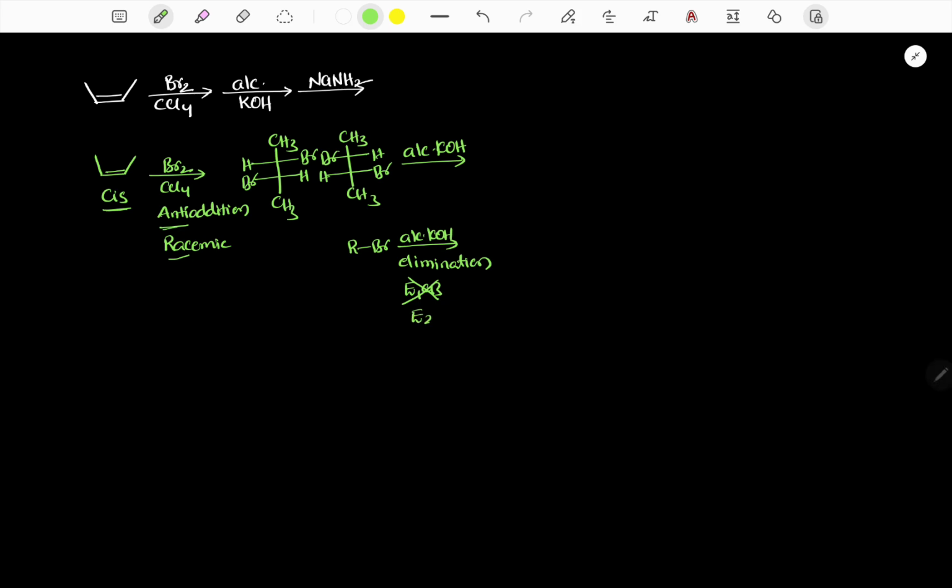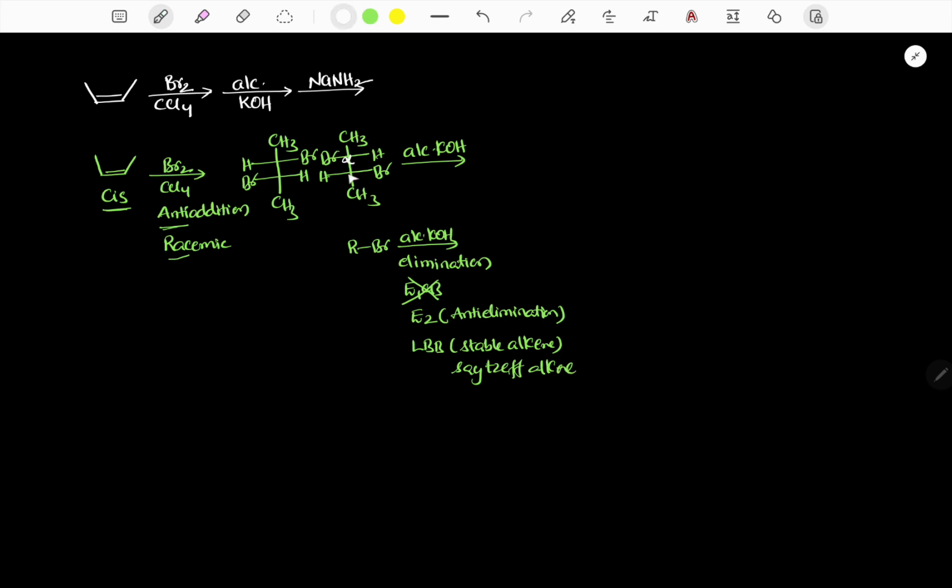But here E2 is possible, and we know that E2 is anti-elimination, and since it is a less bulky base, it forms the stable alkene, the Saytzeff alkene, as major product.